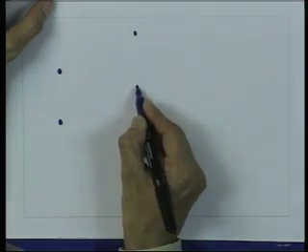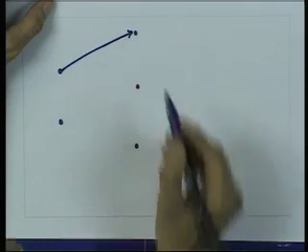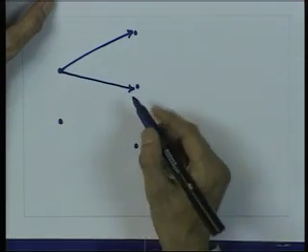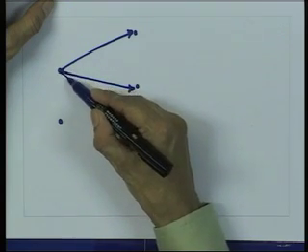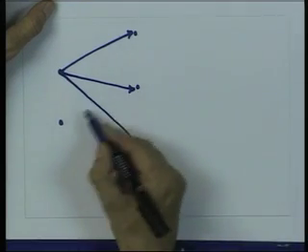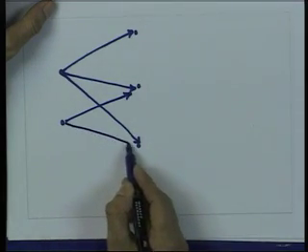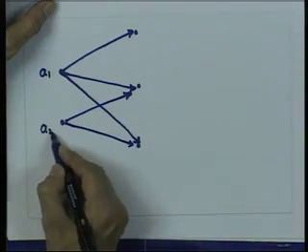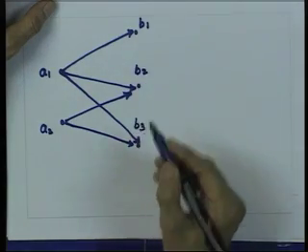So, for channel 1, we have A1, A2, B1, B2, B3.